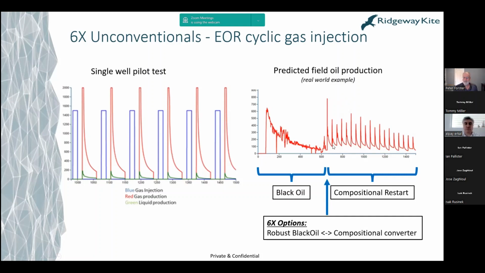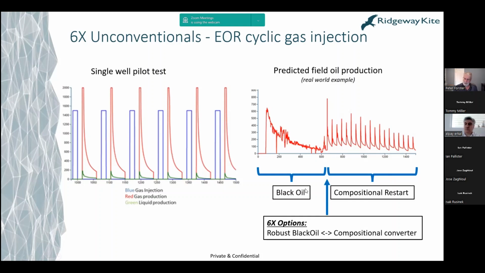So it needs to be compositional if you're injecting something like CO2 or non-reservoir gas, etc. So that's why we can do the black oil for the base model, and then for the predictive part, we can switch to compositional. And that's a workflow feature which is easy to do.